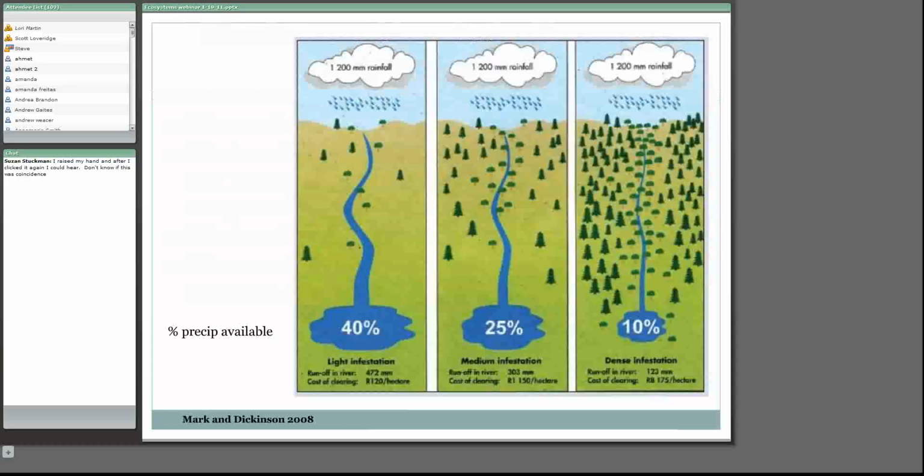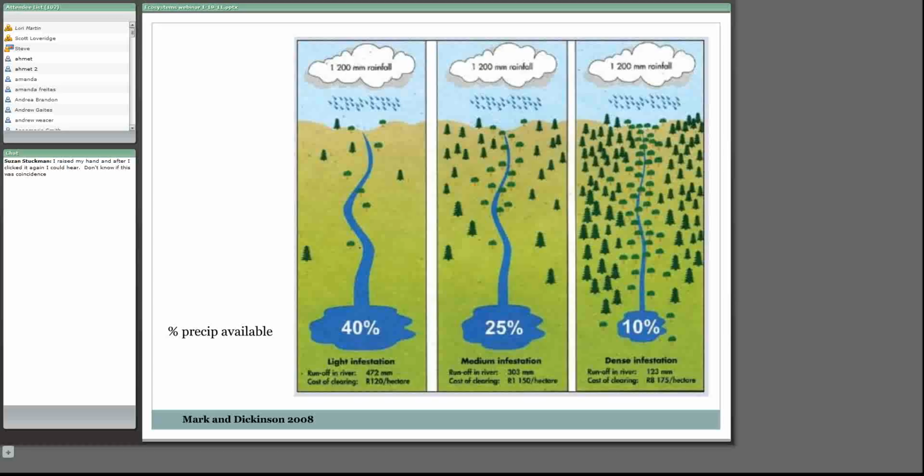In this figure, this is an example of invasion by exotic woody species into South African catchments, and the idea is to show that with different infestation levels, there's a change in the percent of precipitation available.